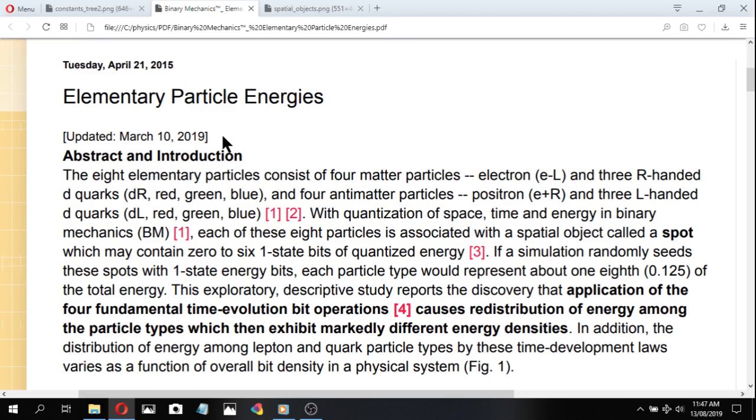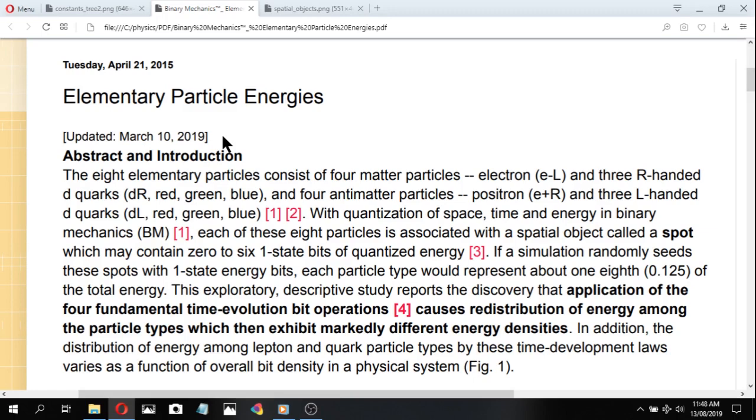If a simulation randomly seeds these spots with one-state energy bits, each particle type would represent about 1/8 of the total energy. This exploratory descriptive study reports the discovery that application of the 4 fundamental time evolution bit operations causes redistribution of energy among the particle types, which then exhibit markedly different energy densities.